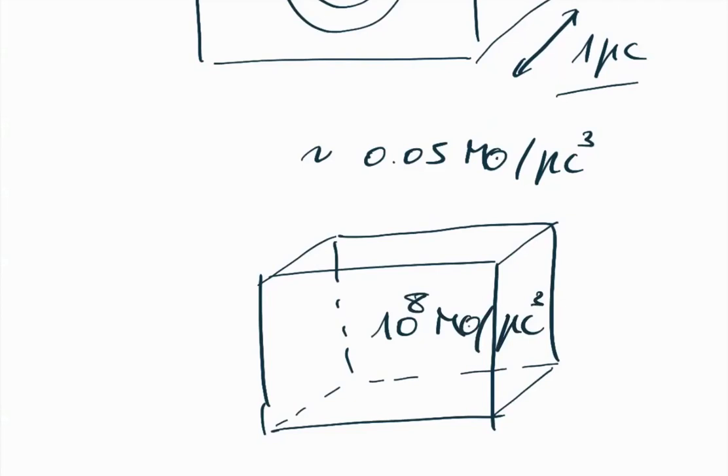Typically 10 to the 6, 10 to the 7, but up to 10 to the 8 solar masses per cubic parsec. So this is an extremely crowded place in the galaxy. It's actually not in the galaxy, the whole universe.